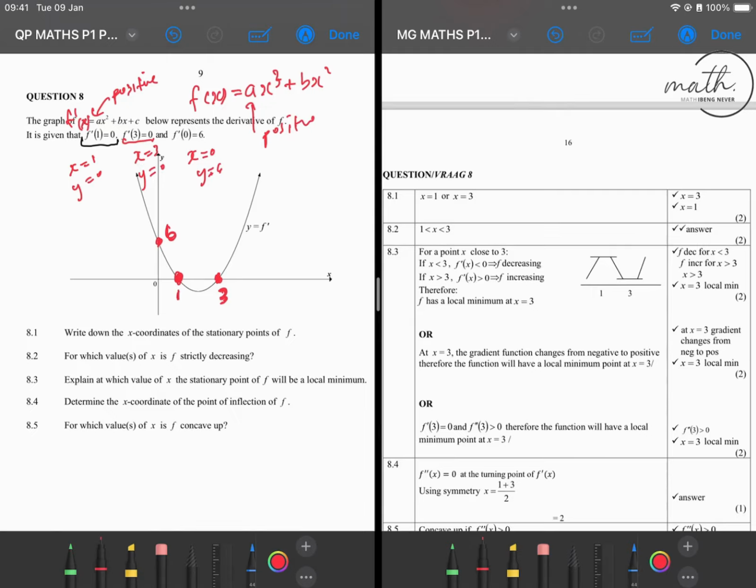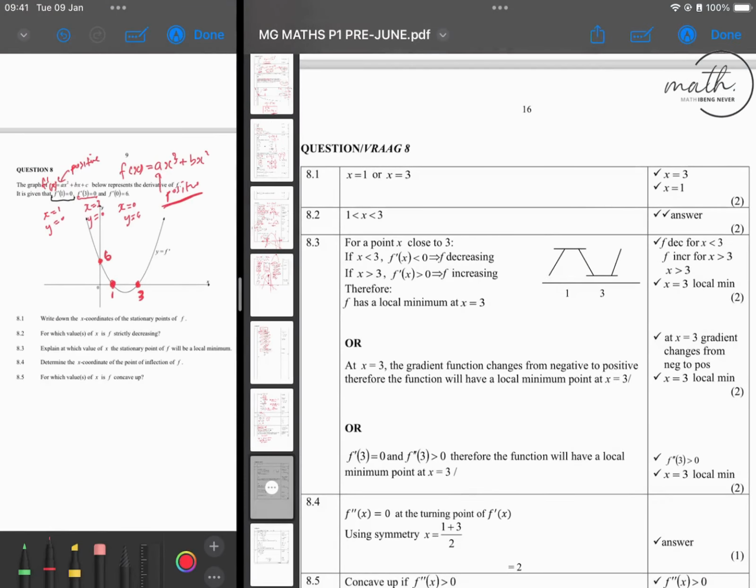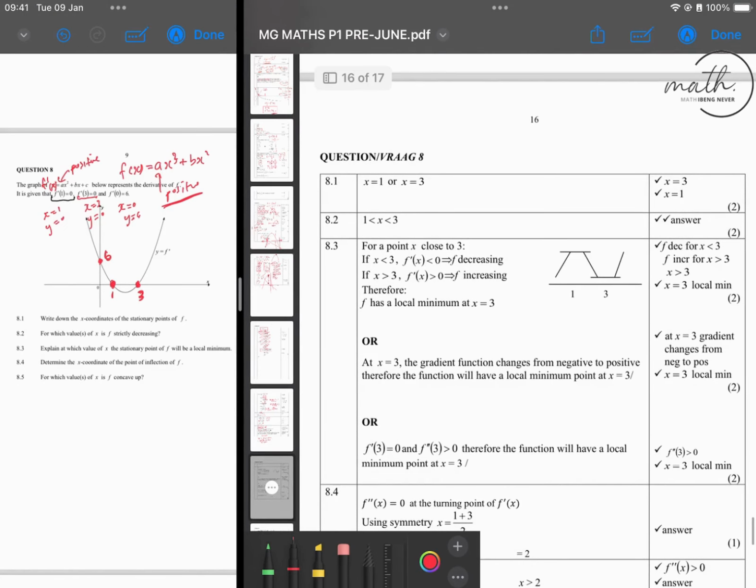Because now you know what's going on with the cubic. The cubic, if it's positive, starts by going up. If a is positive on your cubic, that means your cubic starts by going up, goes down, and goes up again. Now, based on what you just did, here the x will be 1, and then here the x will be 3. So the x-intercepts are the turning points for the cubic.